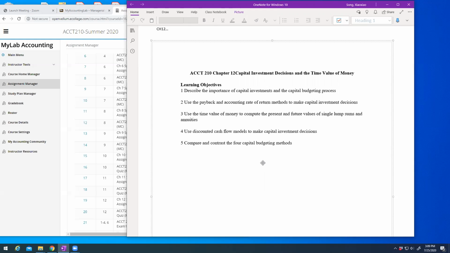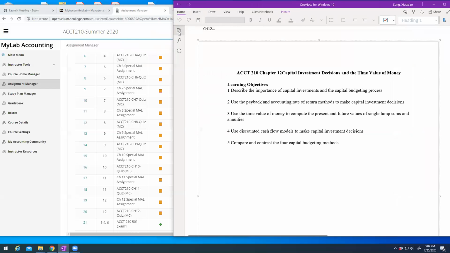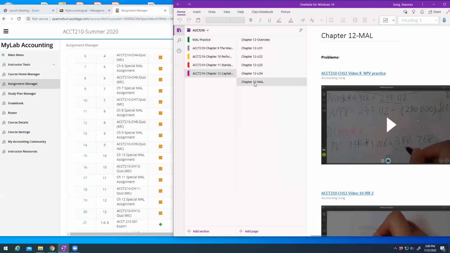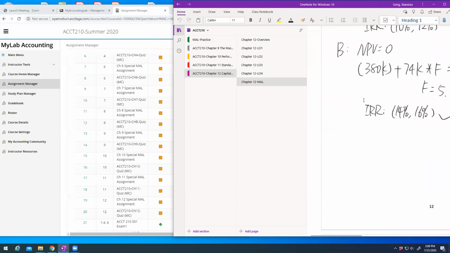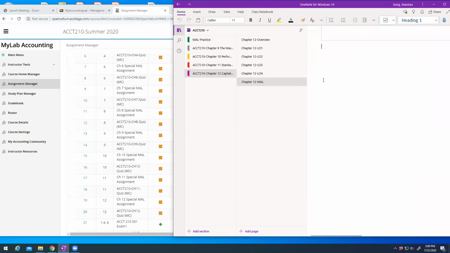As I said in the video, if you ask me what is the most important thing in our Accounting 210, I would say definitely capital investment and time value of money. Let's look at all the multiple choice questions and review some important concepts together. I put the question solution here already.